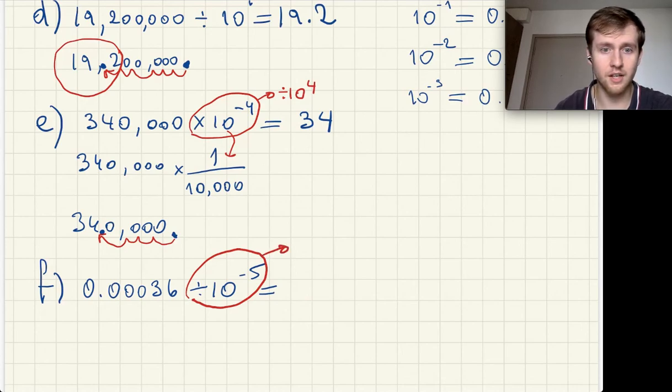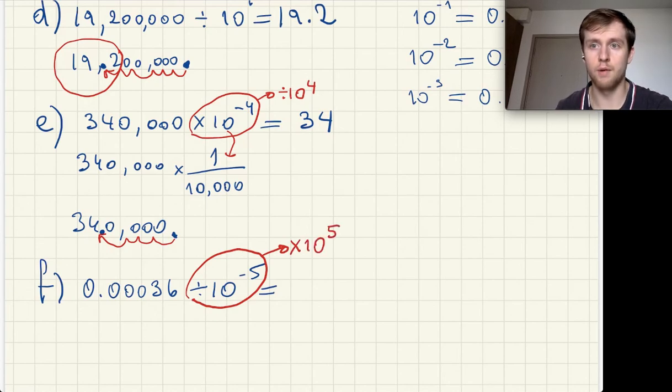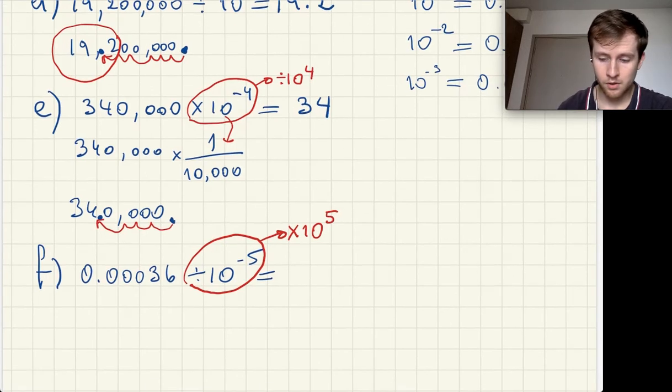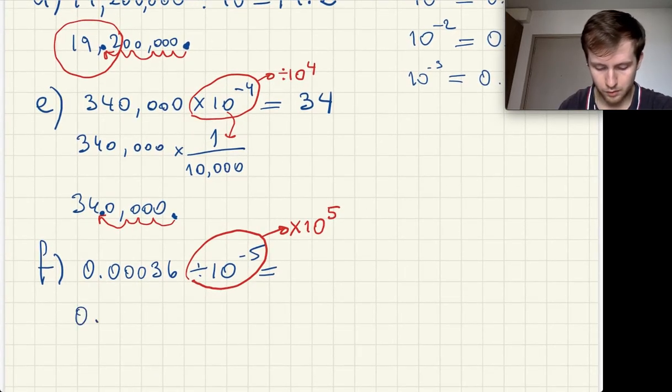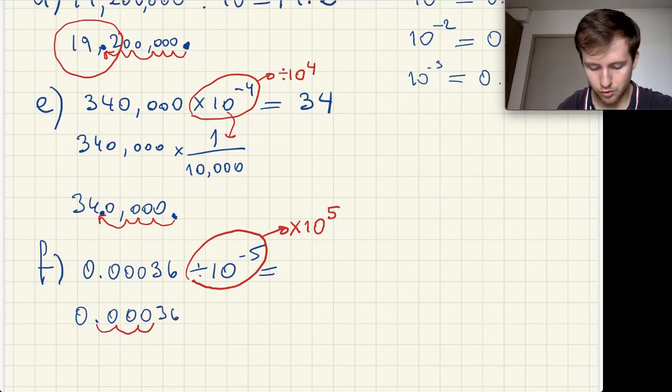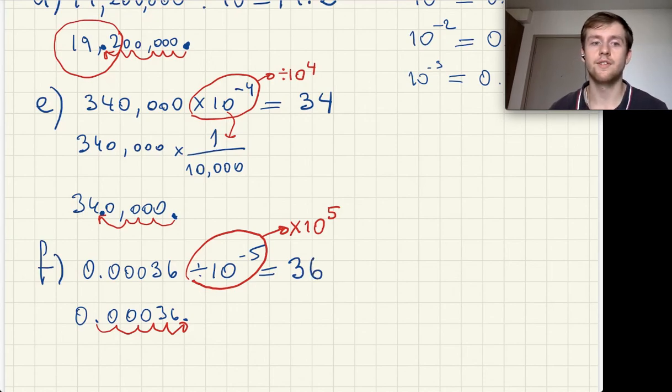In this case, the sign is division, so we change it to multiplication, and then we can change the power to a positive power. In this case, that's pretty simple. We just have to move the point 5 steps, 1, 2, 3, 4, 5, to the right, which would give us an answer, which is 36.